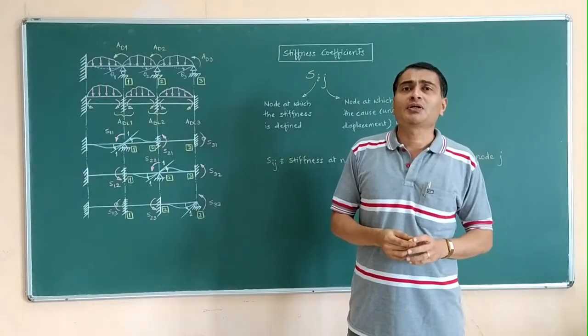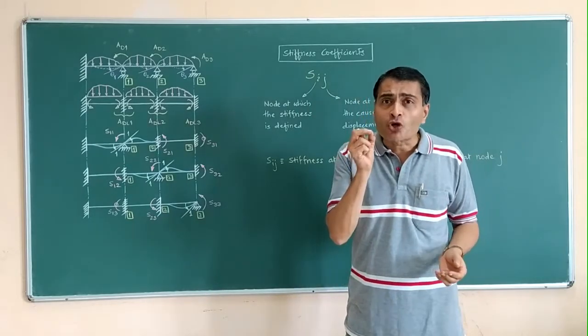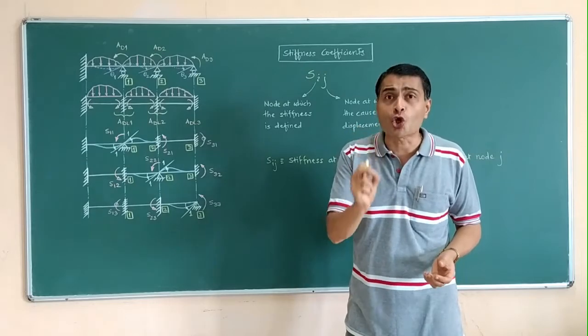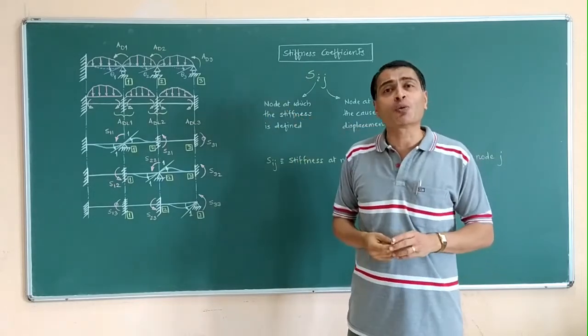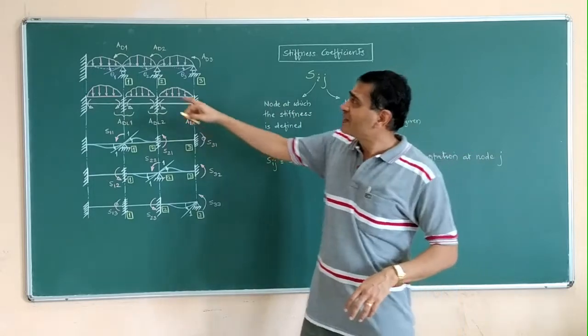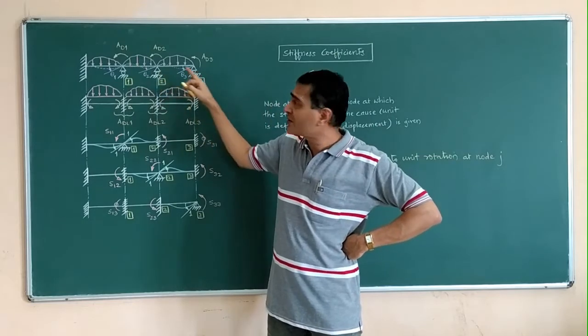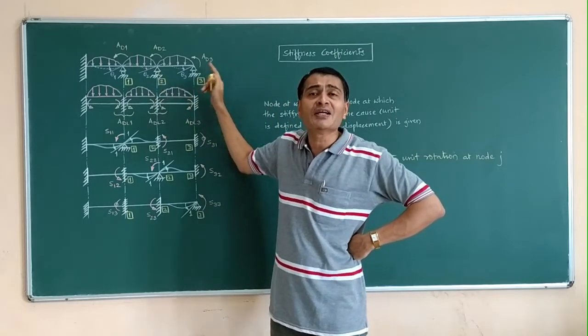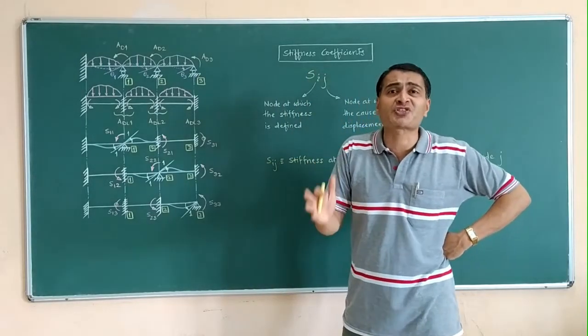First of all, stiffness method is a displacement method. My focus is unknown joint displacements. So when I look at this particular problem, I realize that there will be theta here, as well as theta here. These three are my unknown joint displacements.